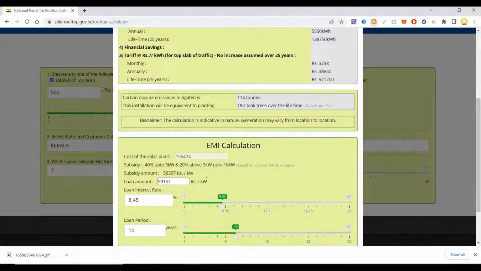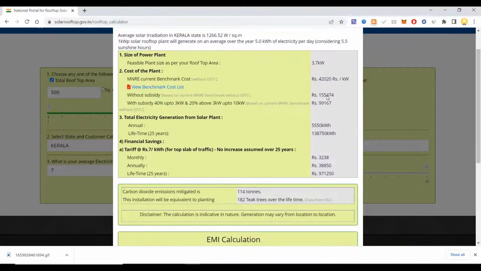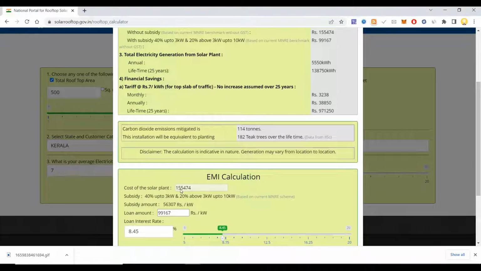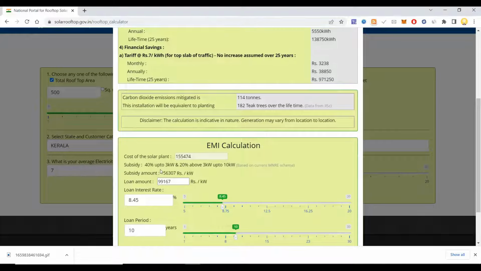Now coming down, EMI calculation. So 1,55,474 is the cost of the solar plant. Now the subsidy comes around 40% for up to 3 kilowatt. So the subsidy amount is around 56,307 rupees. So you're taking a loan of around 99,167.